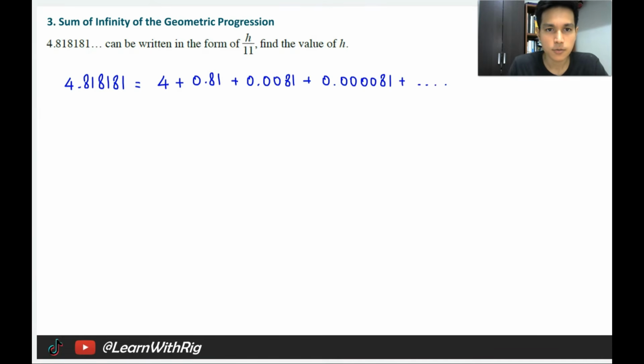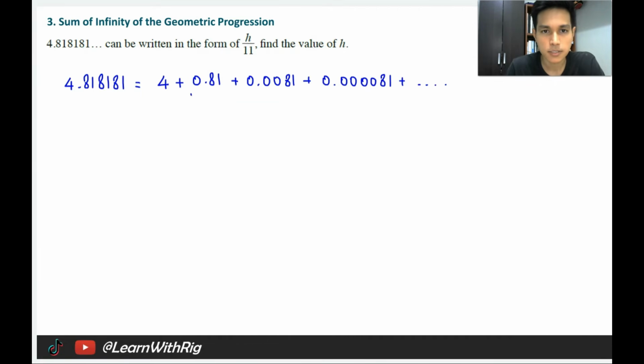The reason why I took the 4 out is because 4 is not a recurring number, so I leave it by itself first. But the recurring one is this part, because it's going to be 818181 and non-stop.